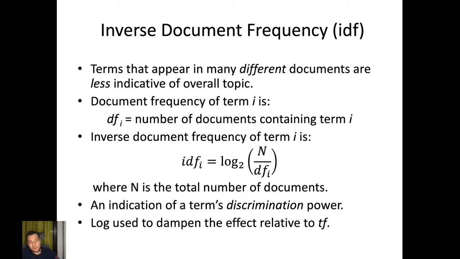The inverse document frequency is scaled with the logarithm. It is the logarithm of the number of documents divided by the document frequency, the number of documents containing the term i.